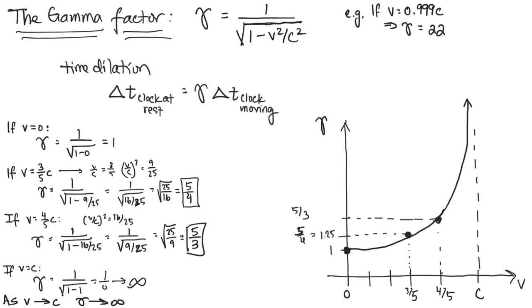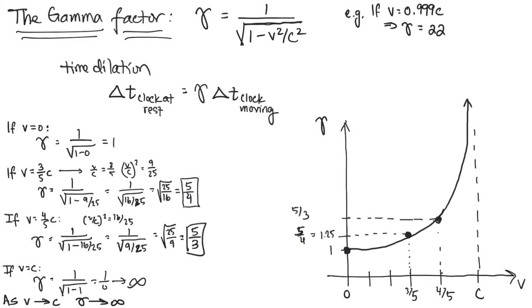So this is a very rapidly rising function as v approaches c, but it's actually fairly flat even all the way up to 3/5 c, 4/5 c. We're still below 2 for the gamma factor. But as v gets arbitrarily close to the speed of light, gamma gets arbitrarily large.